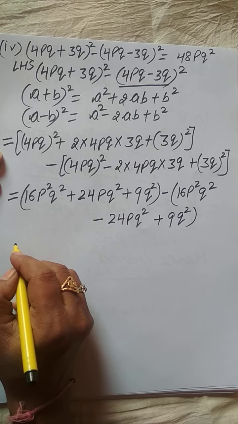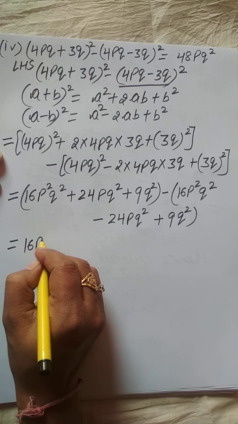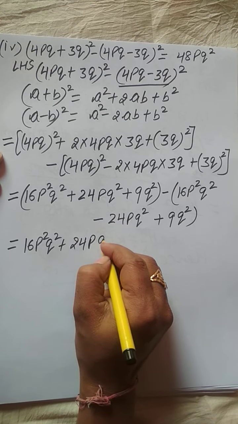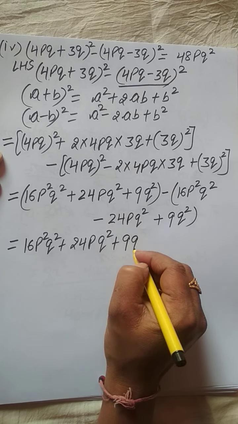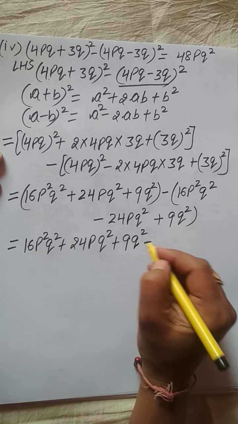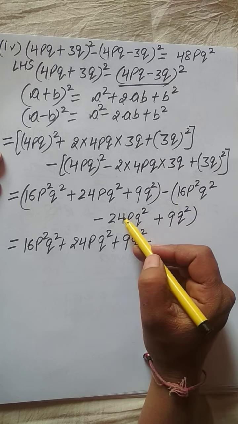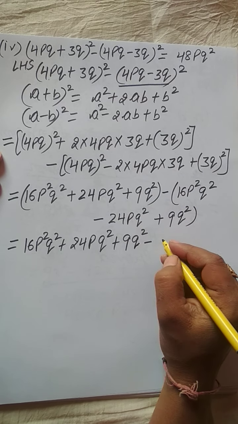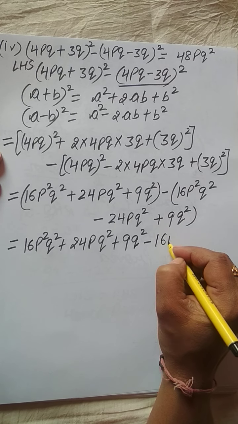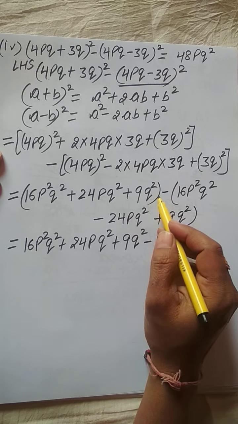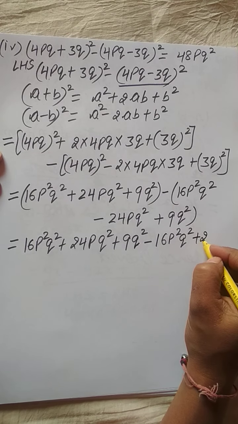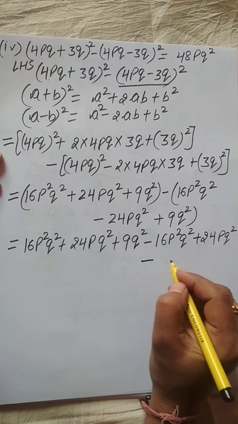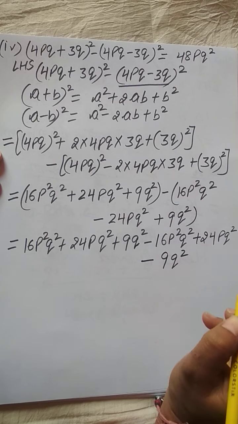Now open the brackets. This is 16p²q² + 24pq² + 9q². Open the second bracket. This negative sign will change the sign of all the terms in the bracket. Minus 16p²q², minus minus plus 24pq², minus plus minus is 9q².